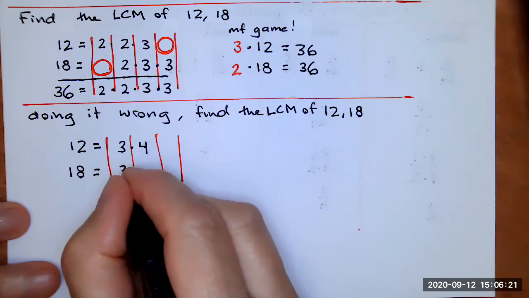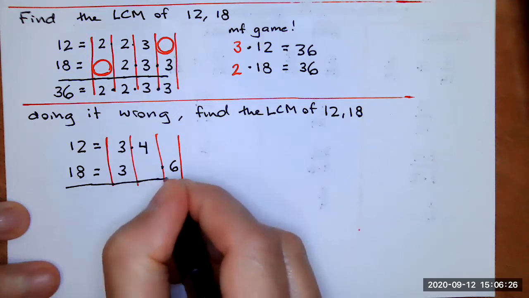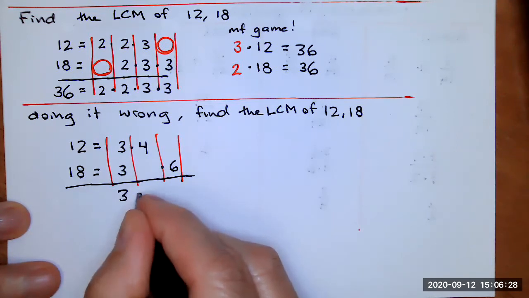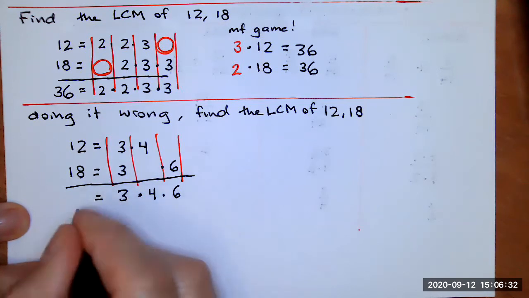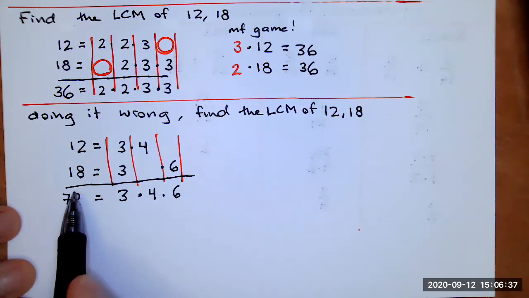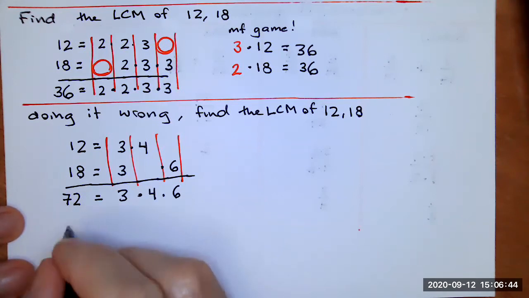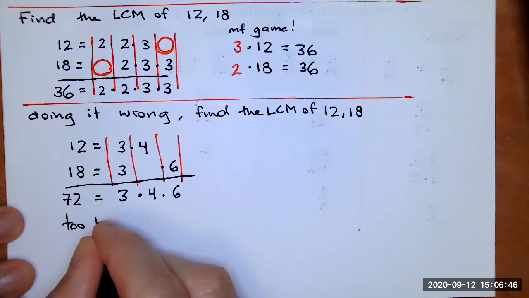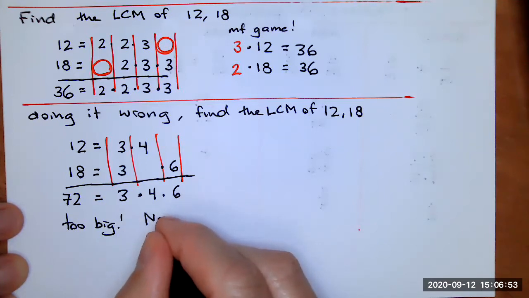We have a 3 column, so we'll fill that in. And we'll put the 6 over here. And then we get 3 times 4 times 6, which is 72. So 72 is a common multiple of 12 and 18, but it's not the least common multiple. So that's too big, and you'll just make more work for yourself.